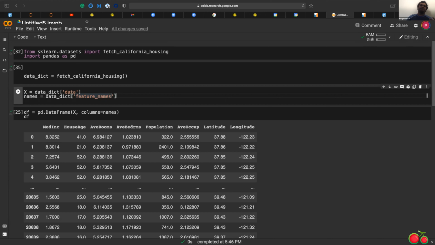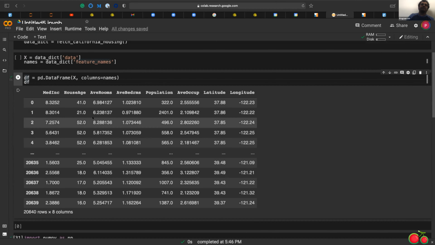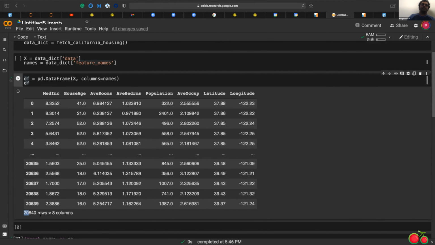Okay. And you'll see when you put this into a pandas data frame, this is actually called columns, right? So when you look at this data set, you have columns and you have rows, right? So you have 20,000 rows and you have, 1, 2, 3, 4, 5, 6, 7, 8 columns, right? So each column is a dimension, okay?